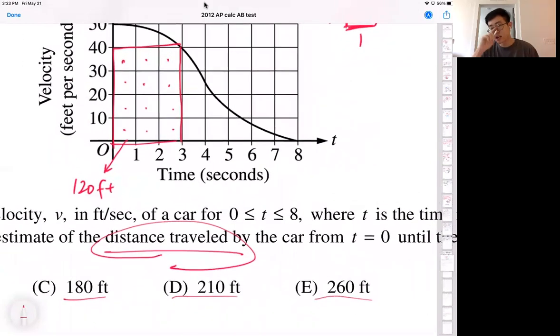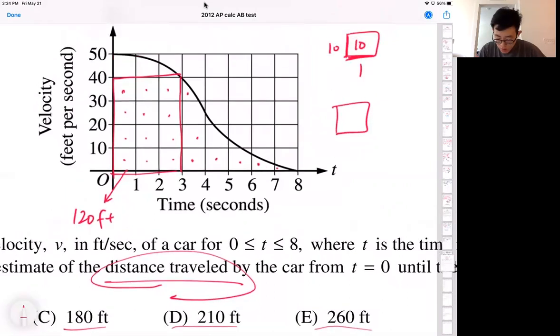Then you want to estimate how many perfect square shapes you will get. That's definitely 1, 2, 3. Combining this one and this one gives me 4. Combining this one and this one gives me 5. This one and this one, 6, and maybe this one 7, and this is 8 completely by itself.